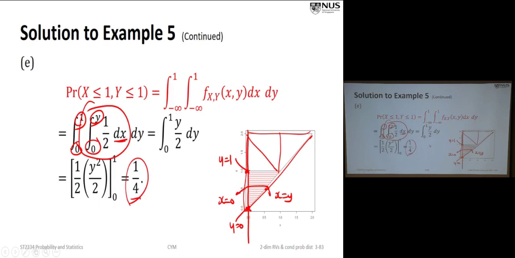But not always have this nice thing about uniform distribution. All right, so you better know how to do the integration, how to compute it through integration. Is this the same as this one?